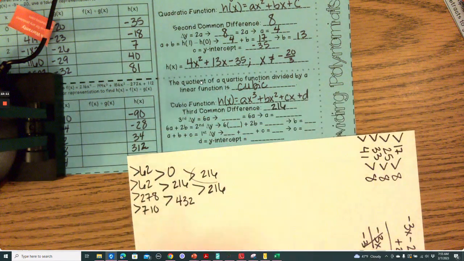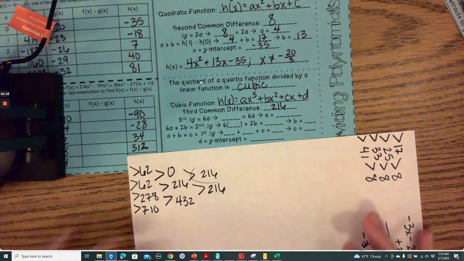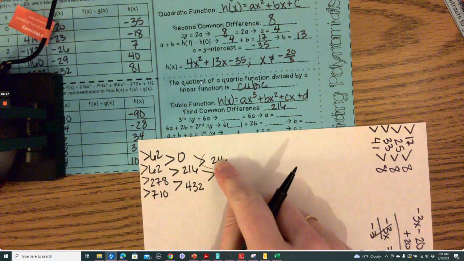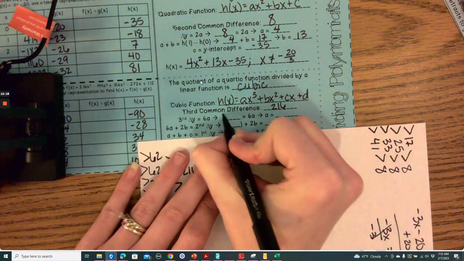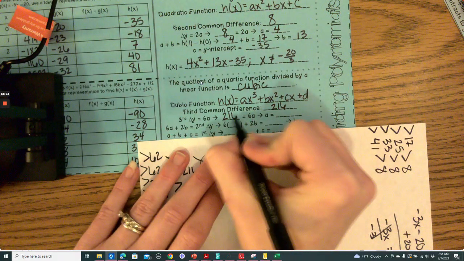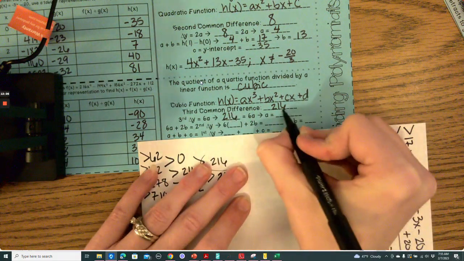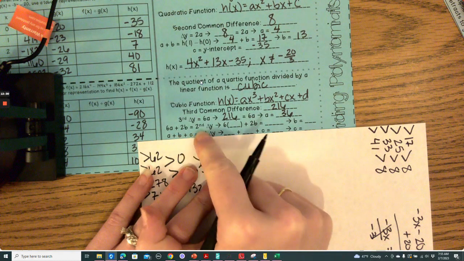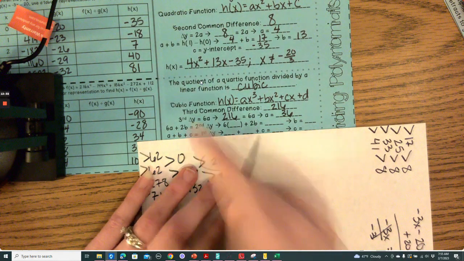For a cubic, the third change in y equals 6a, so that third change in y is 216. And that's going to equal 6a, so if we divide that by 6, a is going to equal 36. 6a plus 2b is going to equal our second change in y.